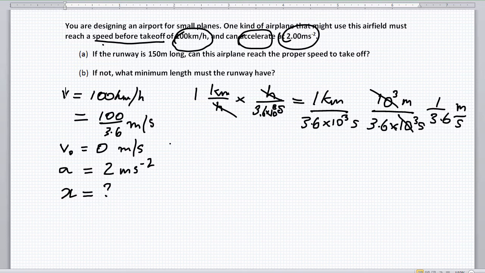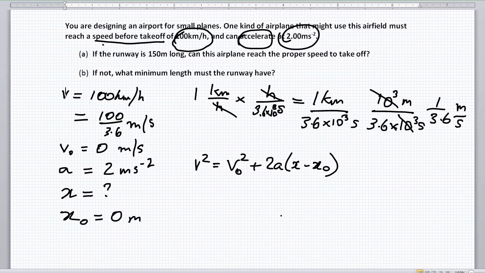Yeah, David. Right, exactly. And I know that the beginning of the runway I'm going to set to be 0 meters, right?